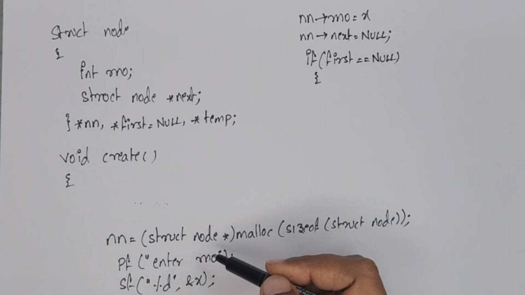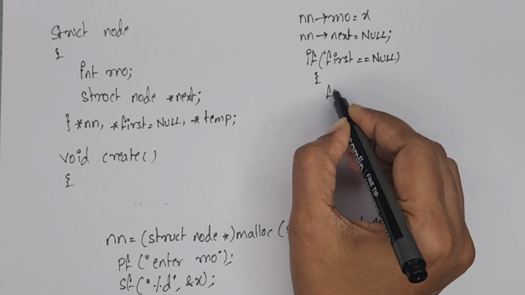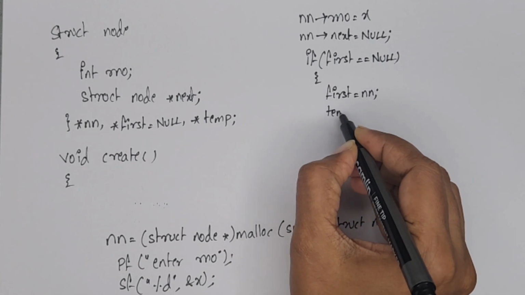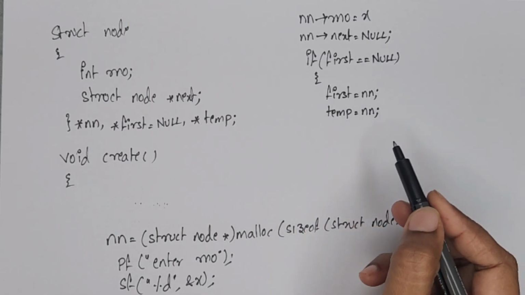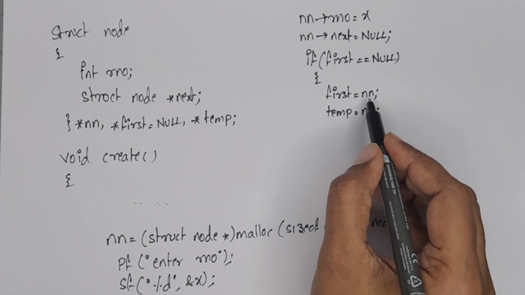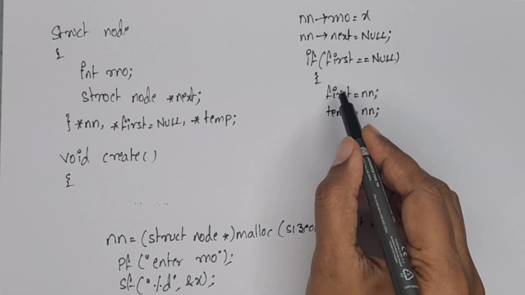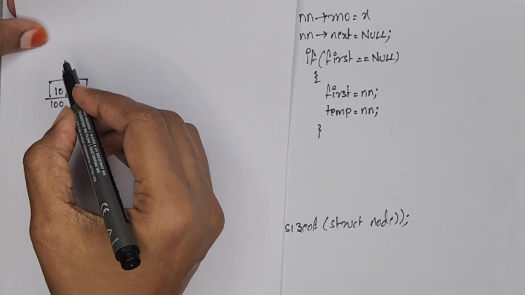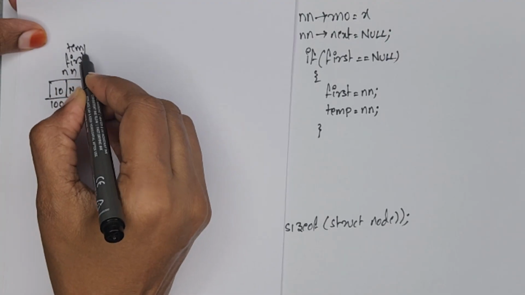Just now you have created one node, that becomes the first node. So first equals new node, and new node is assigned to temp also, because every time after temp you can easily add a new node. So initially first is null, so new node is assigned to first and to temp.